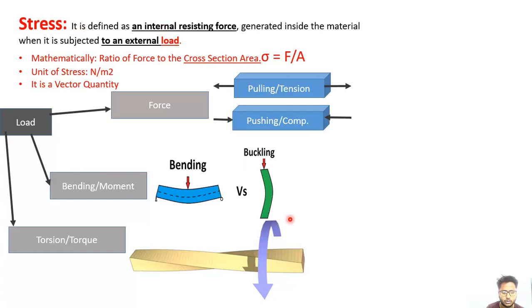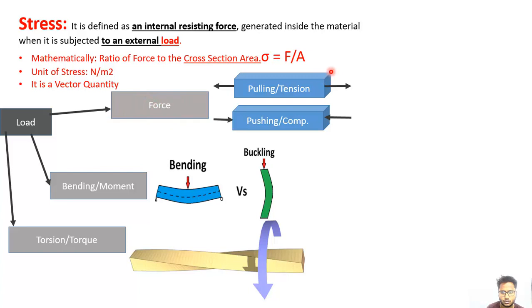Stress will only be generated if there is a restriction. The material itself opposes its deformation, and this opposition to deformation is called stress generation. Now I am going to show the cross section area for the load which is known as force.